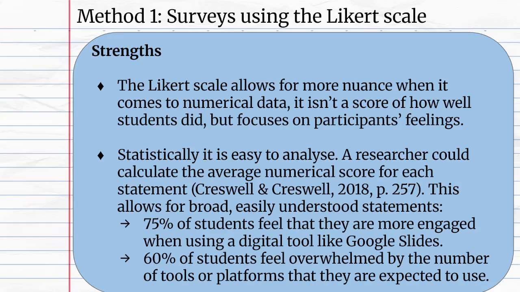If I asked you to place where you are on the political spectrum, for instance, a lot of people have a very good idea of where they are because that's part of their belief system. When you're asking about technology in the classroom, you get the same sort of idea. You either agree or strongly agree, or you're very engaged, or maybe you're not. Usually it's quite easy for participants to tell where they are on that scale.